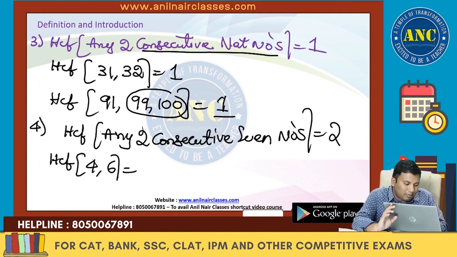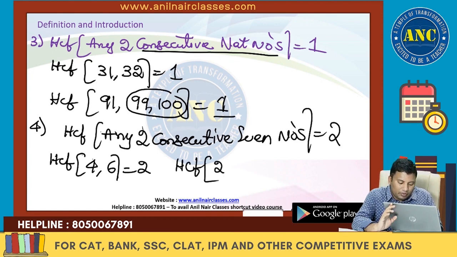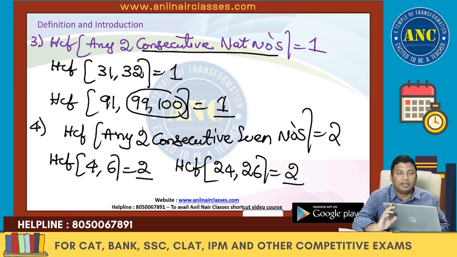HCF of 4 comma 6. 4 comma 6 are two consecutive even numbers, so it is 2. HCF of 24 comma 26 is again 2.